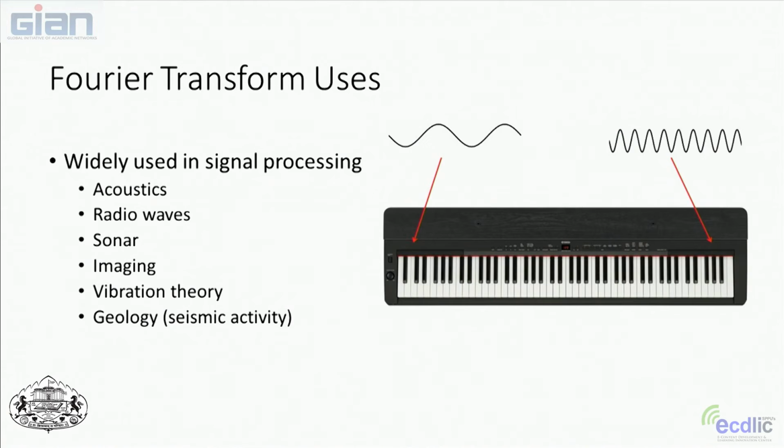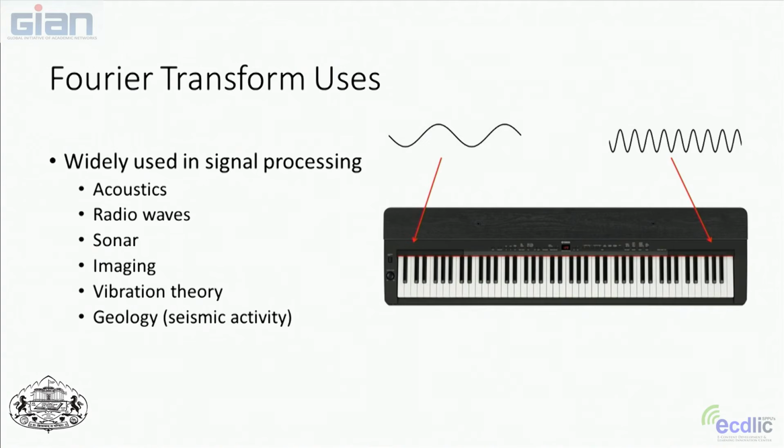Okay, so uses of a Fourier transform might be in acoustics, in the study of sound. We can break down our sound waves into these sums of sines and cosines and represent them musically or on a frequency distribution of music. Radio waves, sonar, imaging.